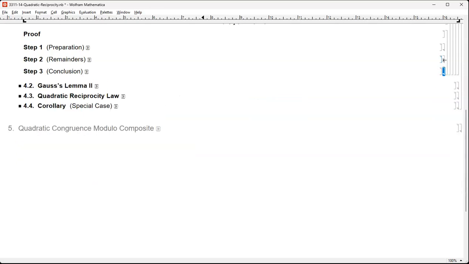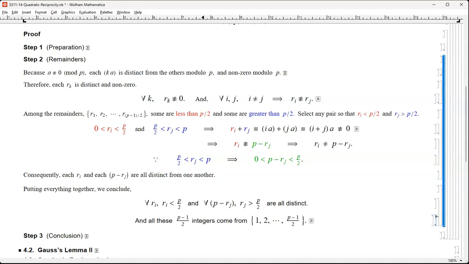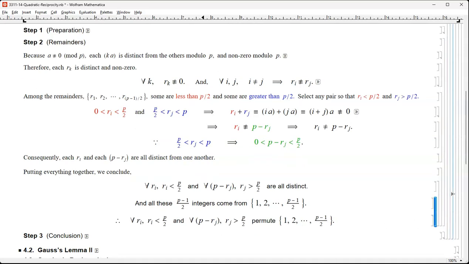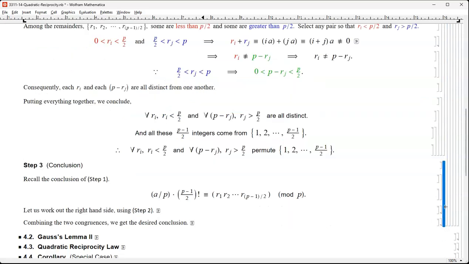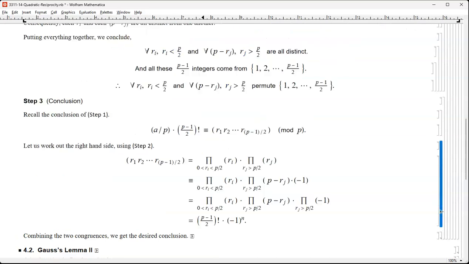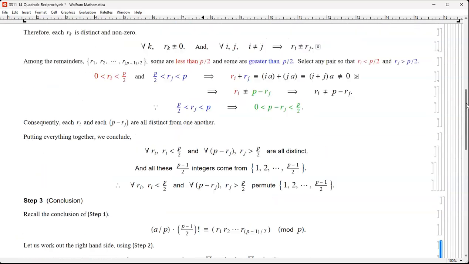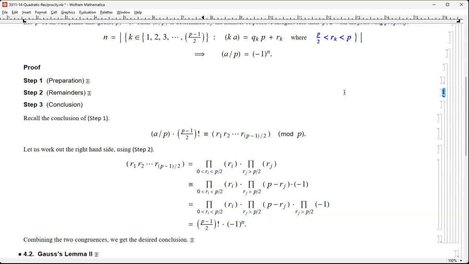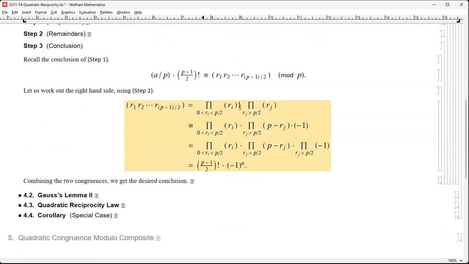Yeah, okay, here we go. So multiply them all, then multiply all small remainders, red, and multiply all the big remainders.